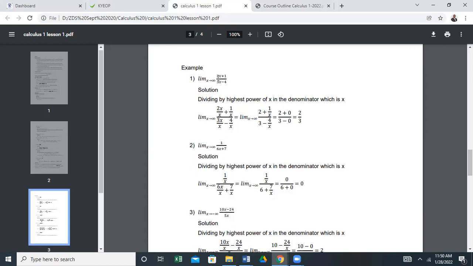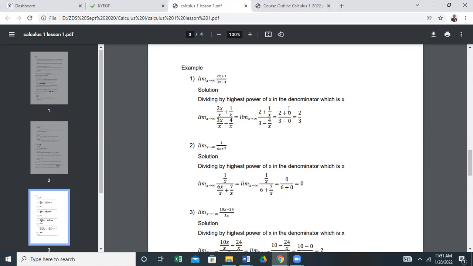So in this case, you can see 2x plus 1, so it will be 2x over x plus 1 over x. Then 3x over x minus 4 over x, because my x is tending to infinity. And we said, as our x tends to infinity, the whole of this fraction, where x is increasing at an indefinite rate, will be tending to 0.